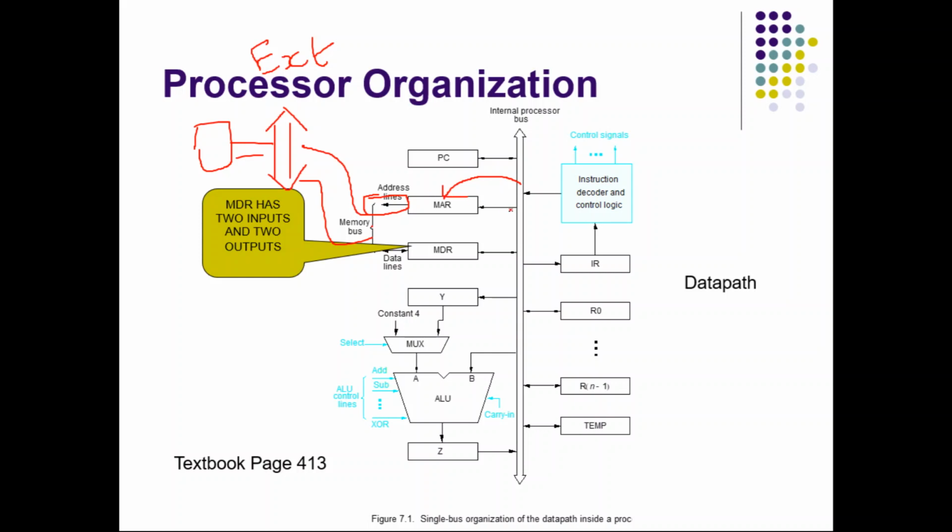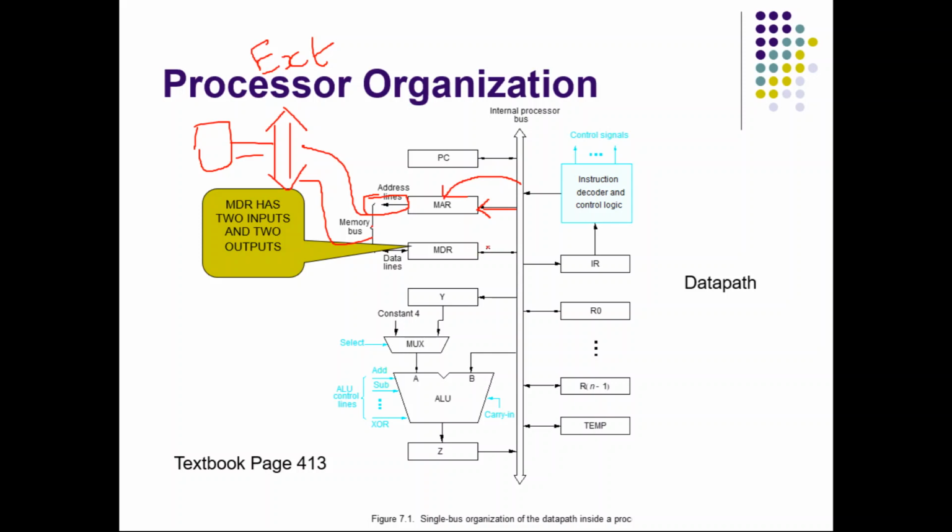If you see this arrow, it is one direction: the address goes from the processor to the memory address register, then to the address bus, and it refers to the appropriate address. There is nothing like reverse; it is only one direction.